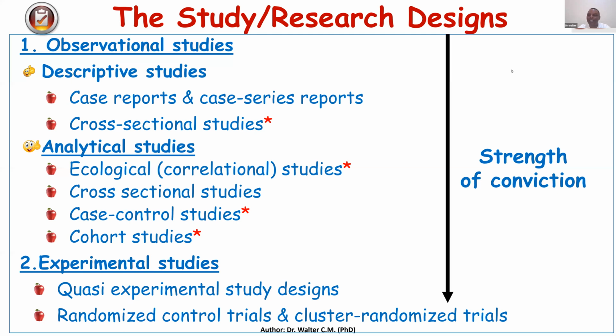And if I tell people that I plan to do a descriptive cross-section study, it means first that I am going not to manipulate the participants, but to collect their information, and then come and present the information in proportions.